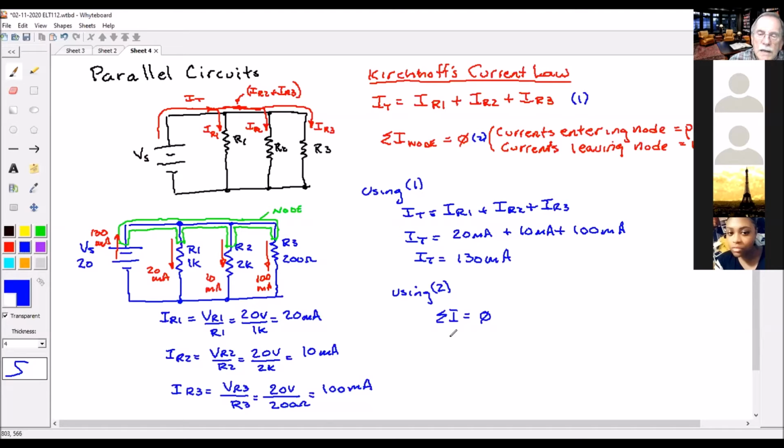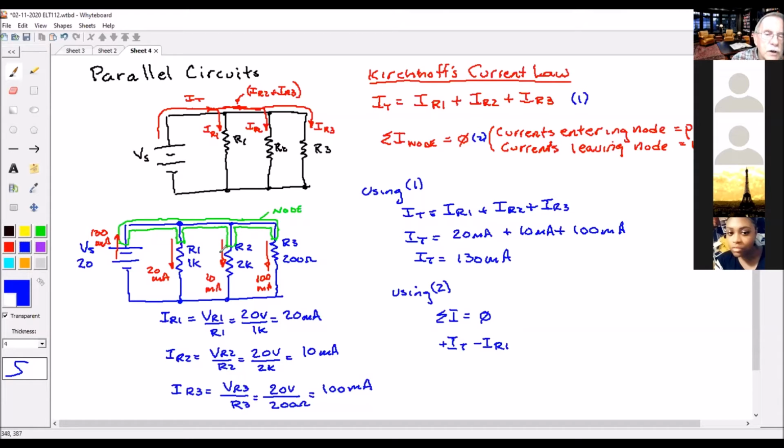So what we would say is that IT plus, because the IT is going into the node, right? It's going in. I1 is going away from the node, so it's going to be a minus I sub R1.